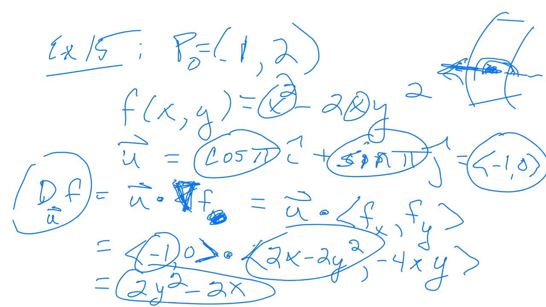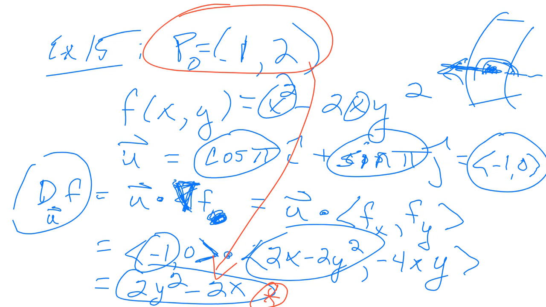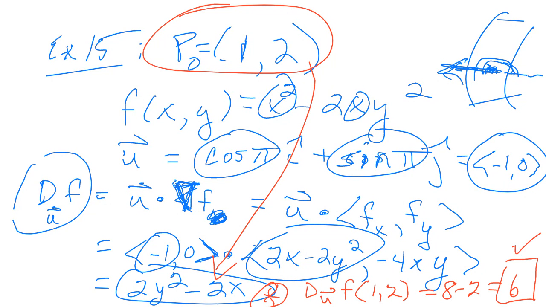So I plug in my point, and I get the directional derivative of f in the direction of u vector at the point (1, 2). Plugging in x is 1, so that's -2, y is 2, so 2 times 2 squared is 8. So this ends up being 8 minus 2, which is 6. So I think that was just a typo. She didn't have a -2 there, so we'll have to fix that. But anyway, that's the directional derivative, and we'll go from there.